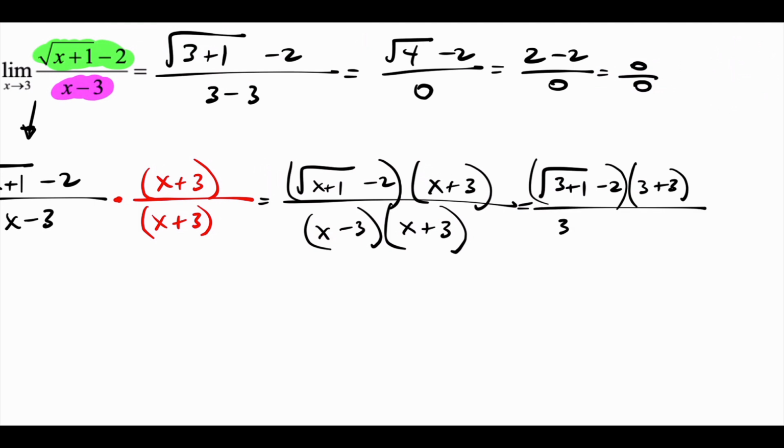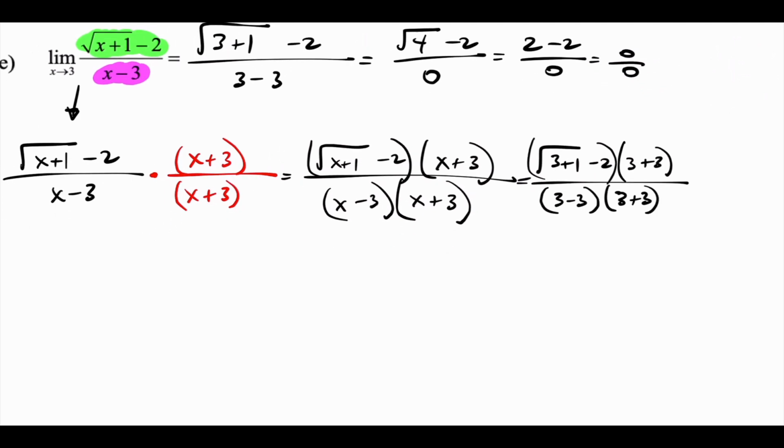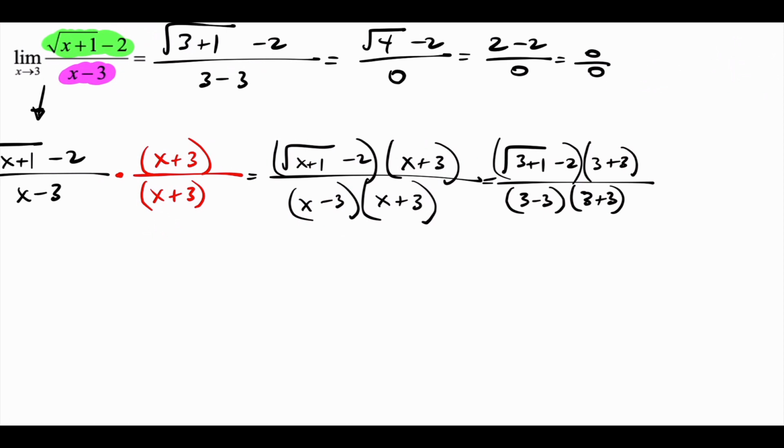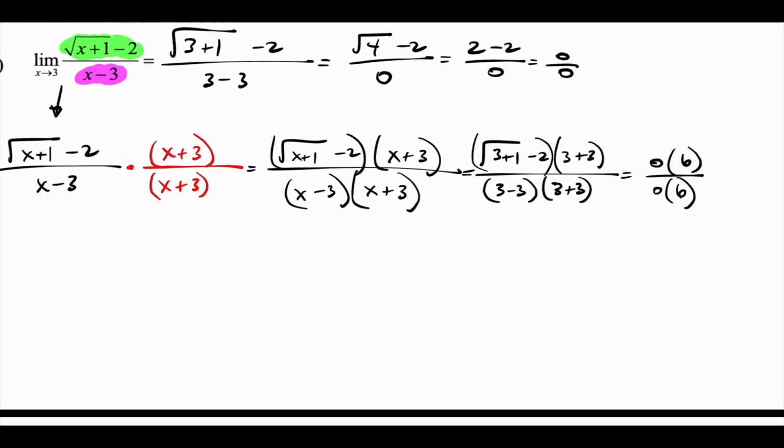On bottom, I get 3 minus 3 and 3 plus 3. So on top, looks familiar. So I'm going to get 0 times 6 and 0 times 6, which is 0 over 0, right? So that didn't help.